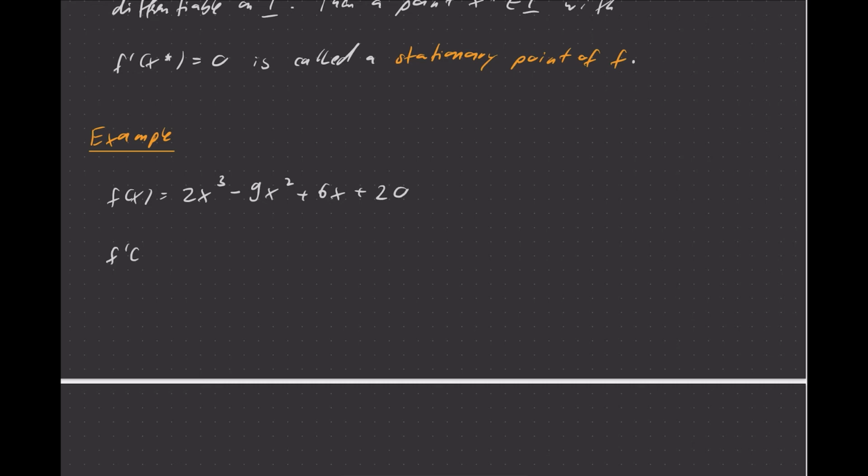Then we'll have a look at the derivative of that function. First order derivative, that is 6x squared minus 18x plus 6. Or you can factor out the 6 here and we get 6 times x squared minus 3x plus 1.